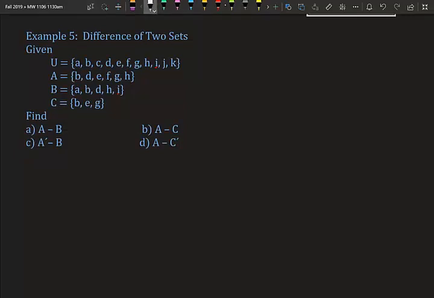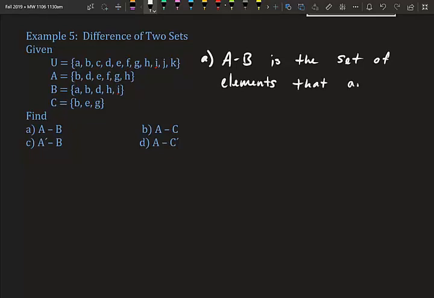So part A. Part A wants us to subtract sets A and B. So what this is asking is the set of elements that are in set A but not in set B. So what they don't have in common.